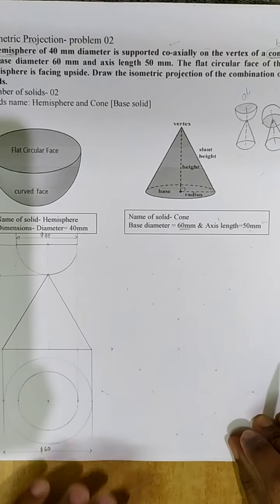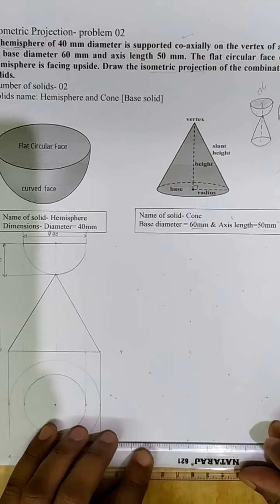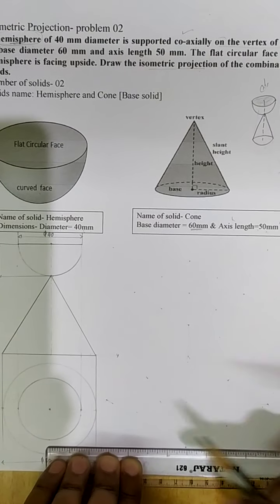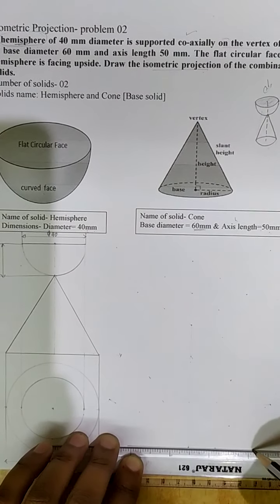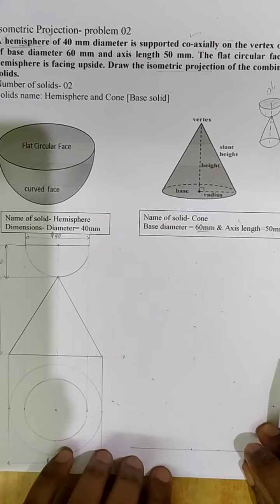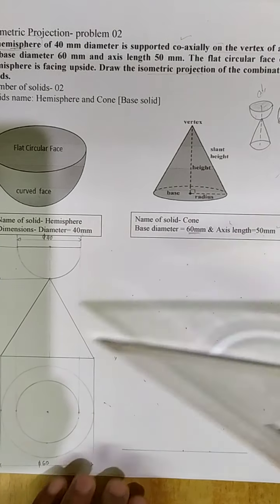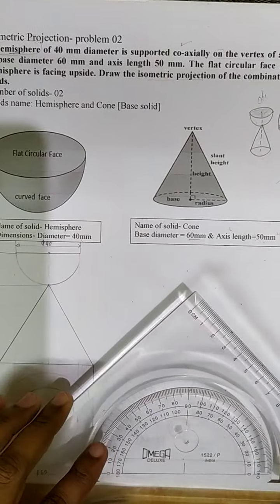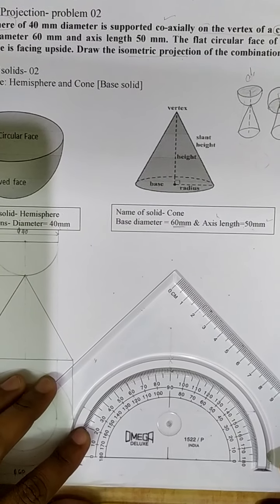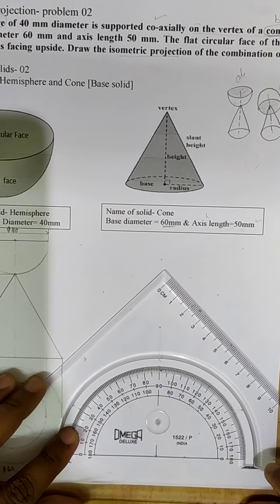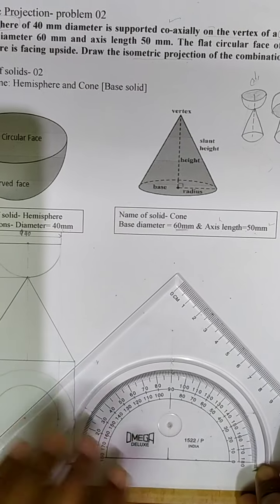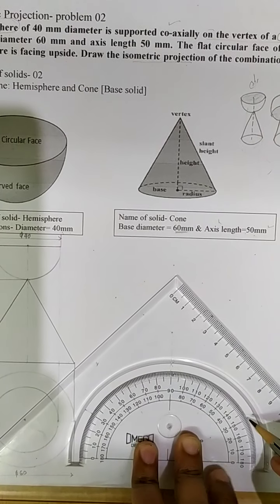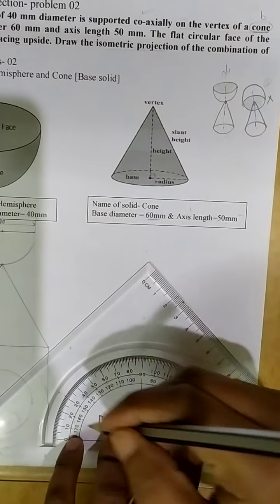Okay, so in order to construct the isometric view, it can be drawn on a normal sheet. How to do that: first I'll take one horizontal line. With respect to this horizontal line, in the case of the isometric view, I need to take the angles as 30 degrees with respect to that baseline.